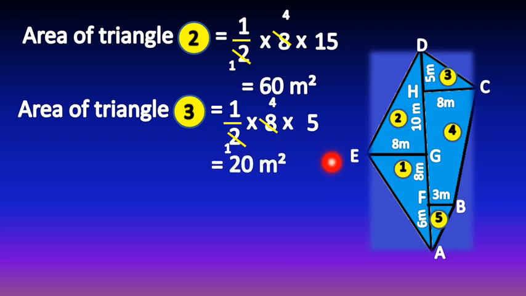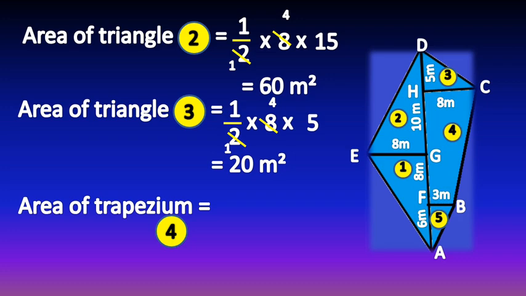Now let us find the area of this figure, that is the trapezium. You can see this is a trapezium. These two are the parallel sides of this trapezium, and this is the height of the trapezium, that is 8 plus 10. So it is 18 meters. The height of this trapezium is 18 meters and the parallel sides are 8 meters and 3 meters. So let us find the area of this trapezium now.